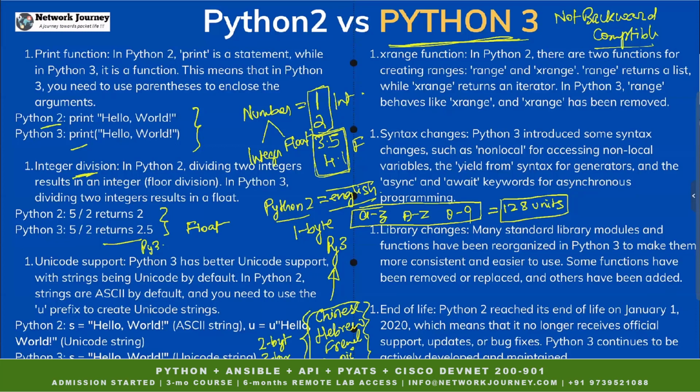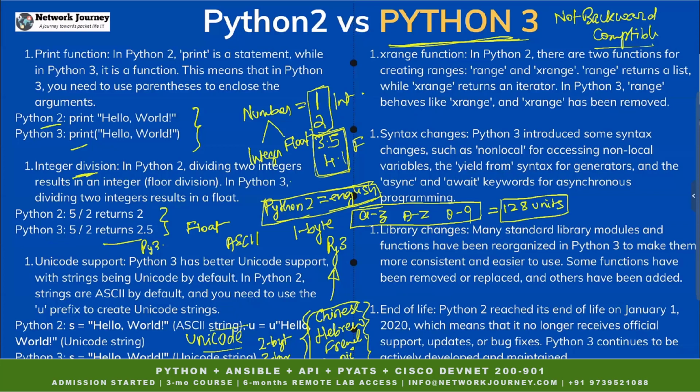Python 2 was using something called ASCII characters, American Standard Code. This has also been upgraded in Python 3. Now you make use of a concept called Unicode. Unicode is backward compatible.